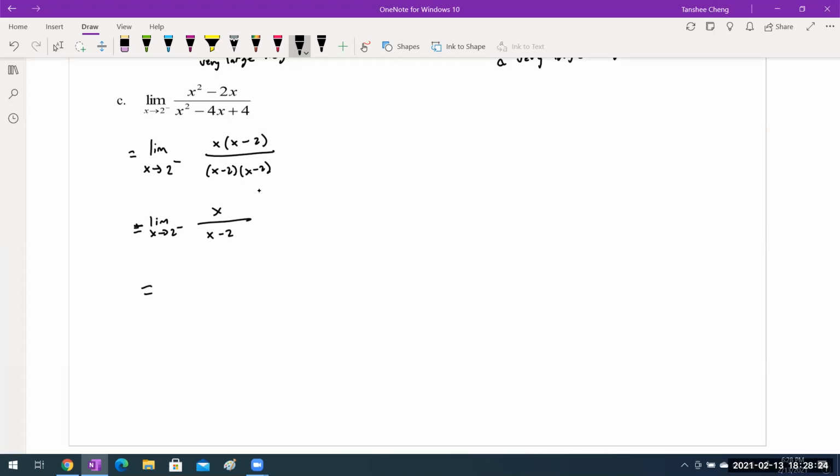Right? So in this case, what I'm interested in is the limit right here. Like before, I'm going to write down the descriptive form to explain what is going on. We know that we are approaching 2 from the left-hand side, so we are looking at numbers like 1.99999. So in descriptive form, as x approaches 2 from the left-hand side, the value of x, the numerator, is a positive number.